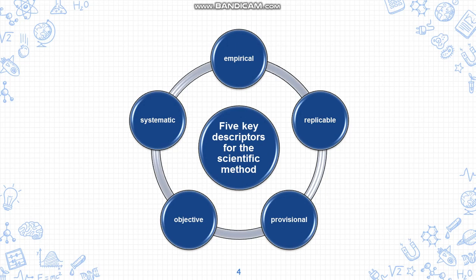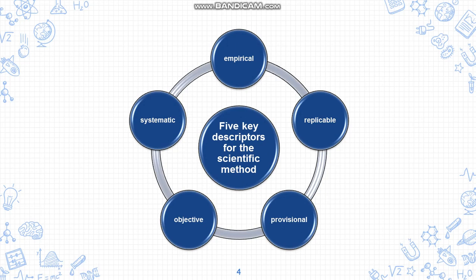Scientists are supposed to publish enough of their method so that another person with suitable training could replicate that result. This contrasts with methods that rely on experiences that are unique to a particular individual or small group of individuals. It's the feature of replicable.